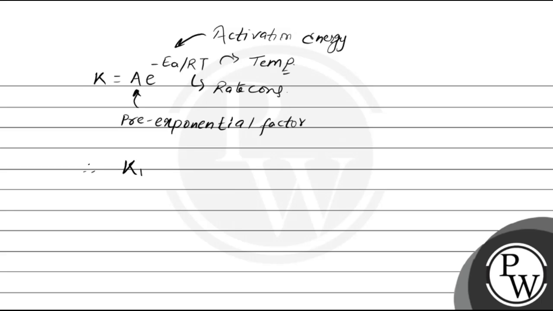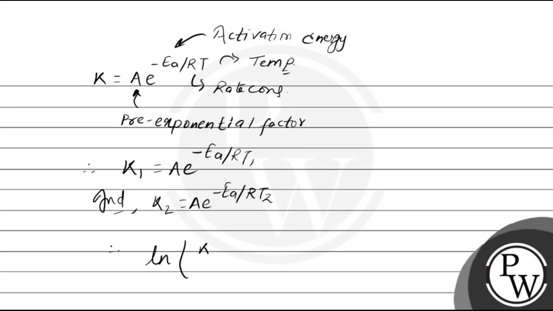So K1 is equal to A e to the power minus Ea upon RT1 and K2 is equal to A e to the power minus Ea upon RT2.